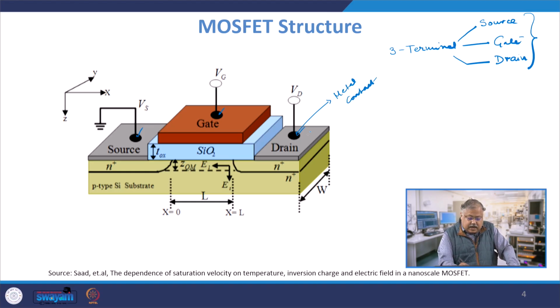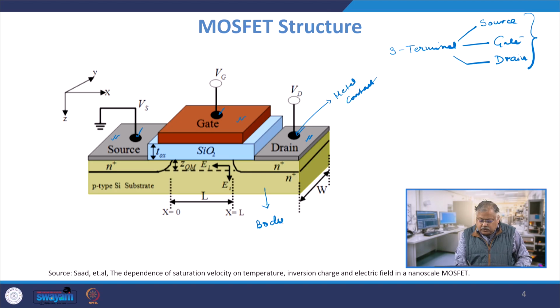This is the drain, this is the source, and then this is the gate contact, and just below the gate you have silicon dioxide. This light blue colored region is silicon dioxide, and then you have the substrate, which is a P type substrate here. Now, let us go one by one to see what the doping concentration is. This is a P type substrate, which is also referred to as the body.